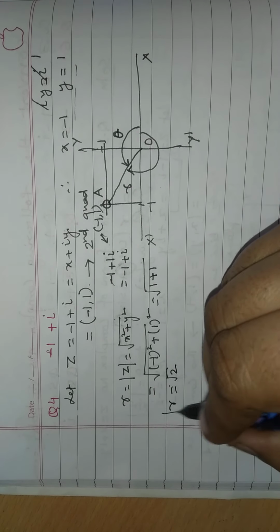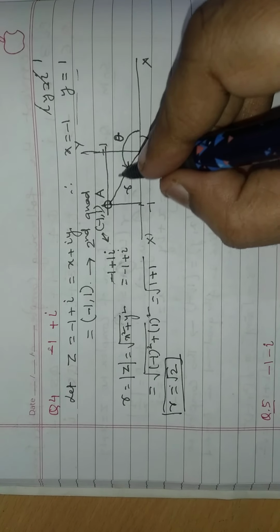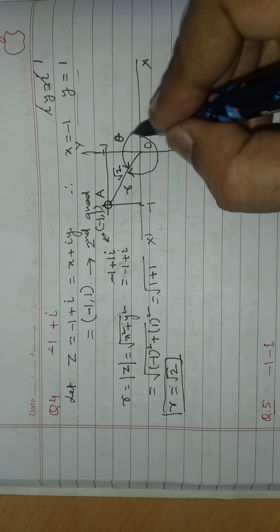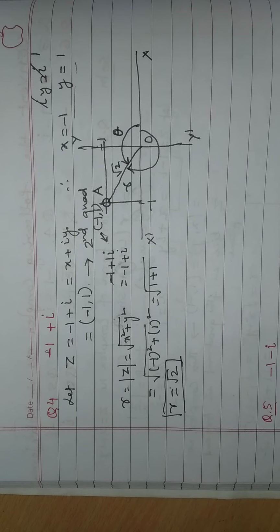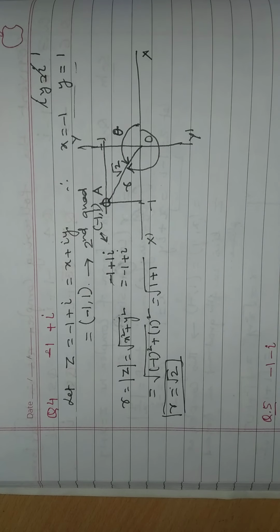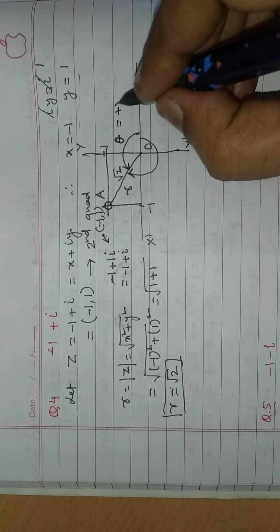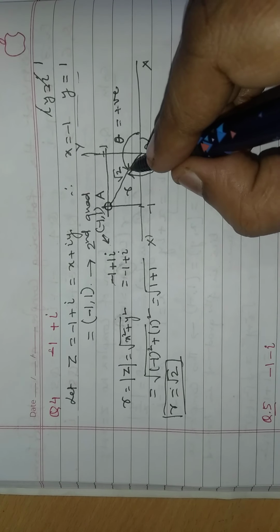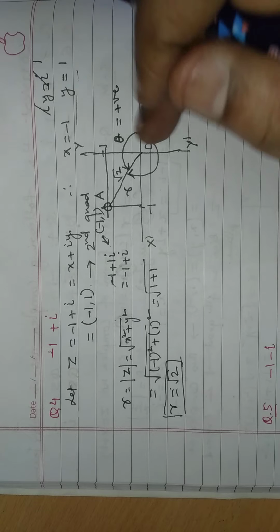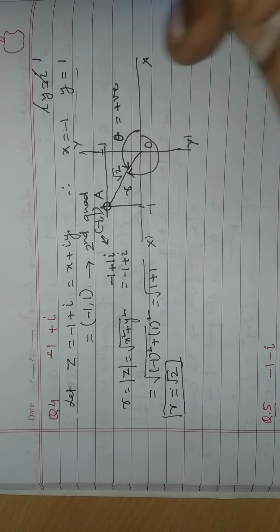So r is equal to this. So this distance is root 2, and now we have to find the angle which is formed in the anti-clockwise direction, meaning it is a positive angle. So we will take this, because the numerical value of this angle is least, that is why we will take this.